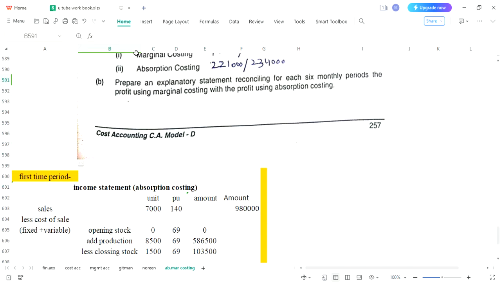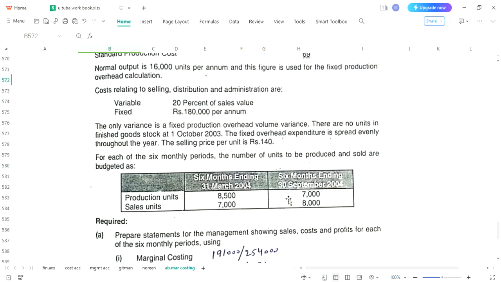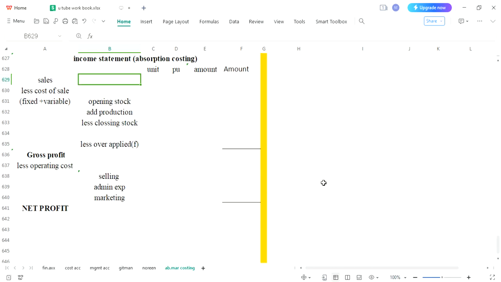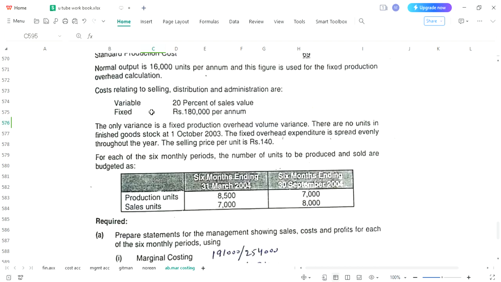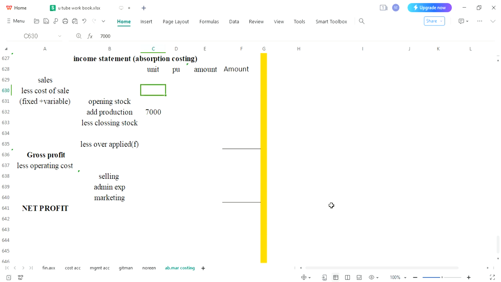And now we will be focusing upon here second 6 months, where number of units produced are 7,000. So 7,000 would be written in front of production. And next important thing is you have sold your units 8,000. 8,000 would be put in front of sales.